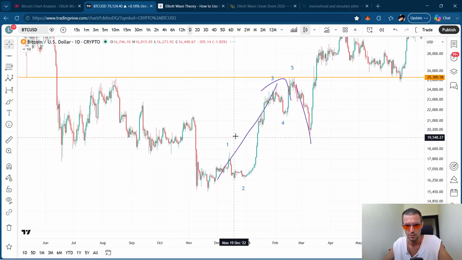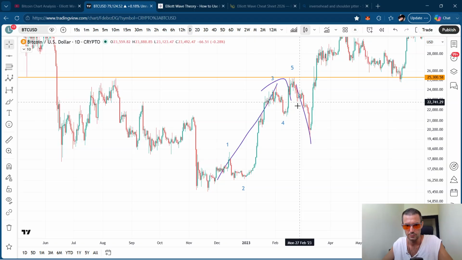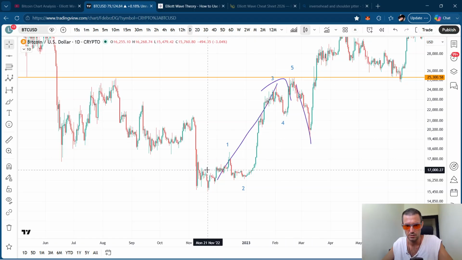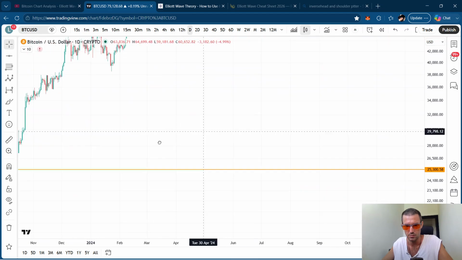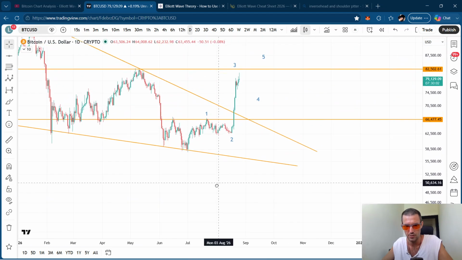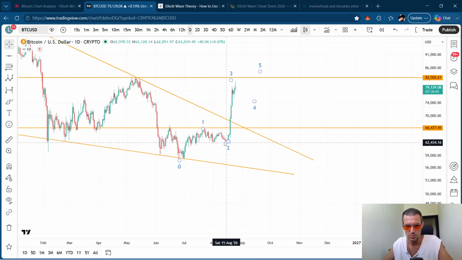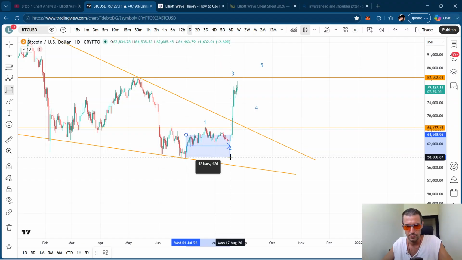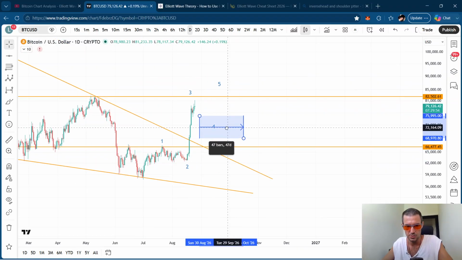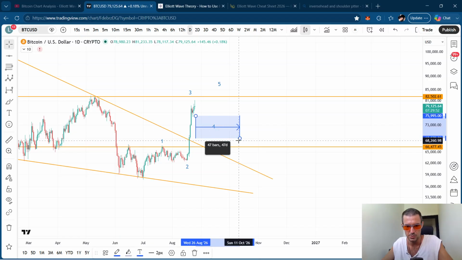Over here, this took a while to play out. 5-wave up, 3-wave down. If we were 2 months at the lows and this almost took 2 months, then if we assume that was going to play out again, from this low to here was 47 days. This could take another 47 days, putting us at a pullback around early October.